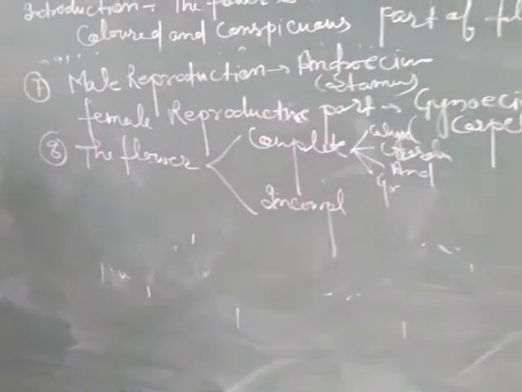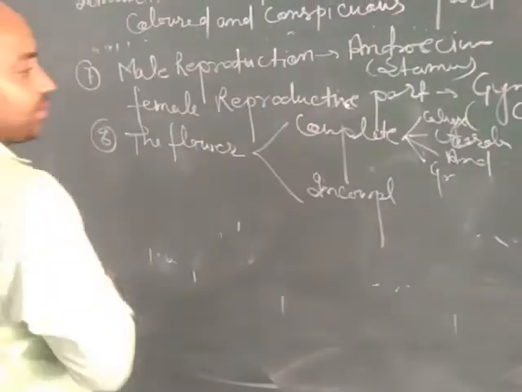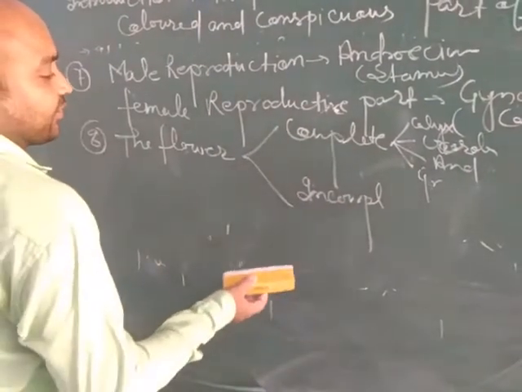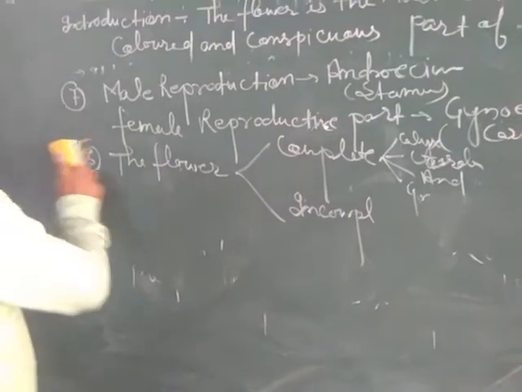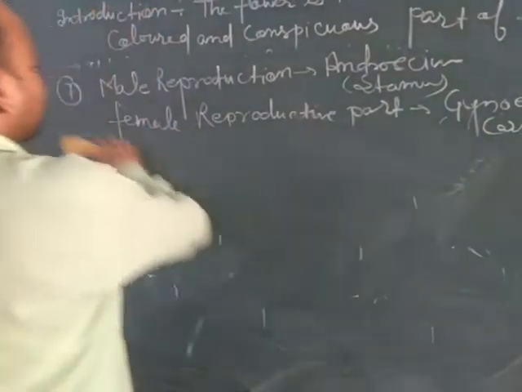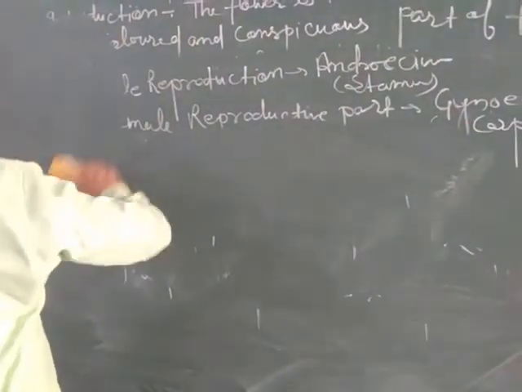But if any one part is missing, it is called an incomplete flower.